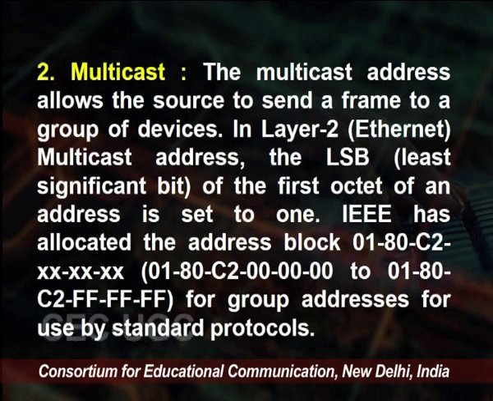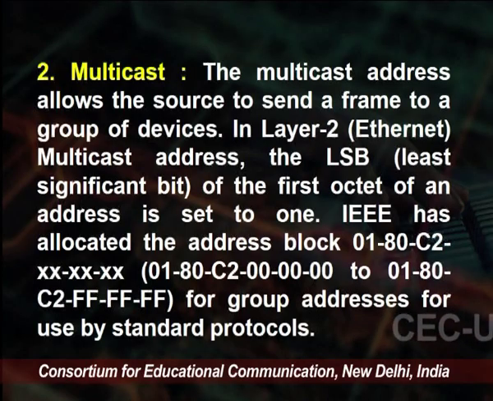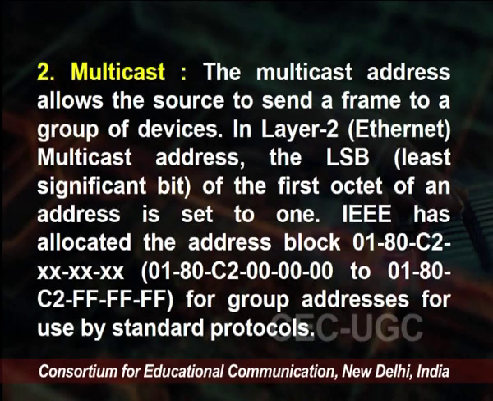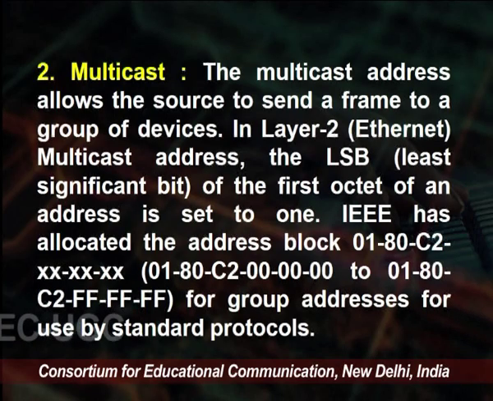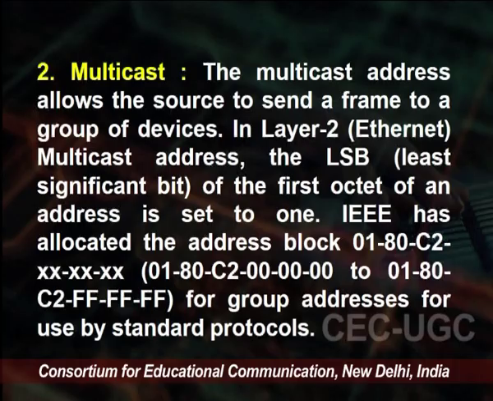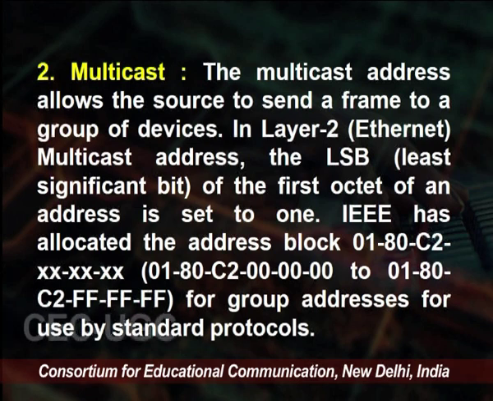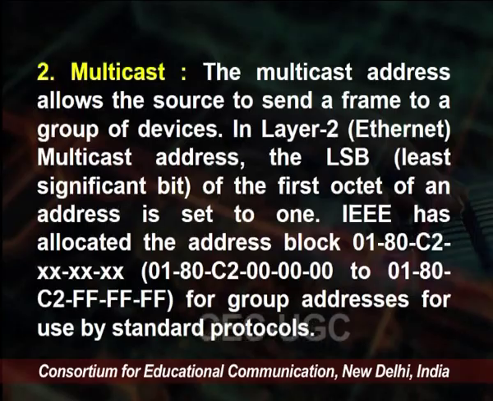It has allocated the address block 0180C2 000000 to 0180C2 FF for the group addresses to be used by the standard protocols. So, the IEEE standards organization has allocated different address blocks for the group addresses also, and these are to be used by the standard protocols. So, we have looked into the types of MAC addresses, unicast and multicast.